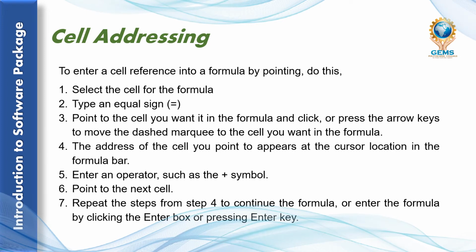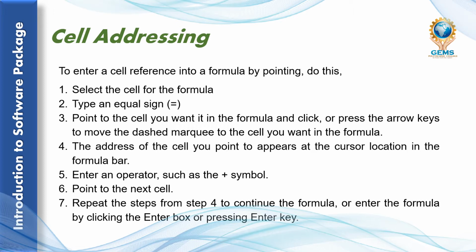In cell addressing, to enter cell references into a formula by pointing, you can do the following. Select the cell for the formula, type the equal sign, and point to the cell you want in the formula, or press the arrow key to move the marker to the cell you want in the formula.